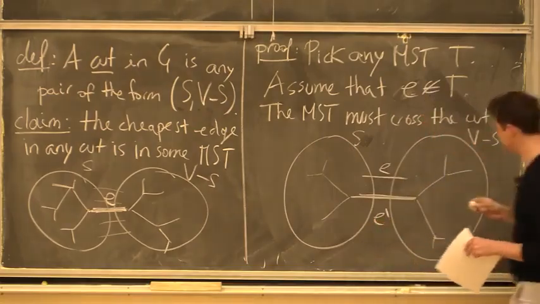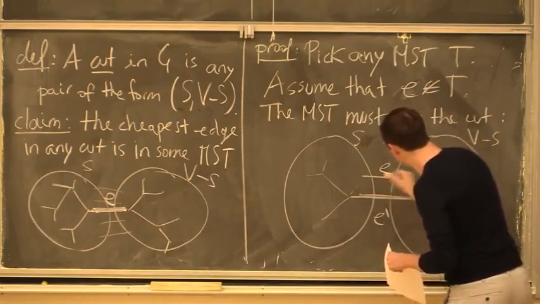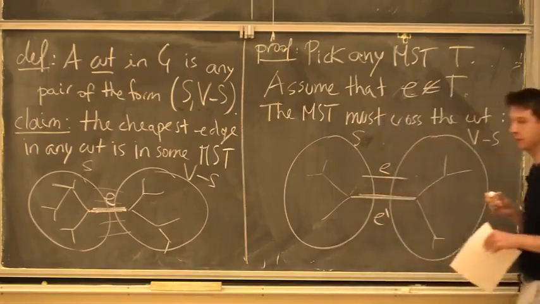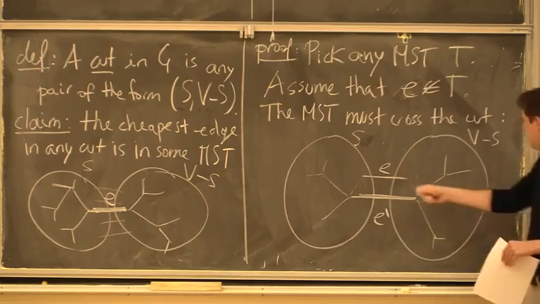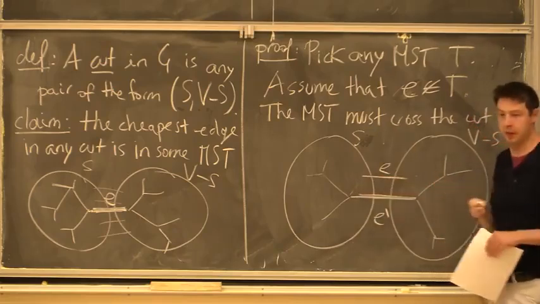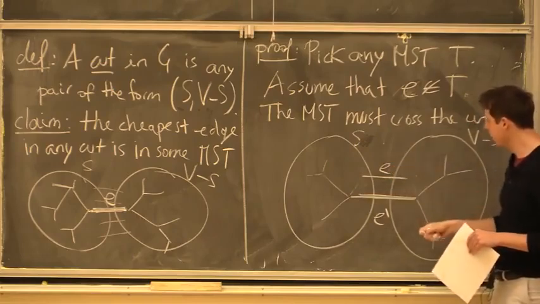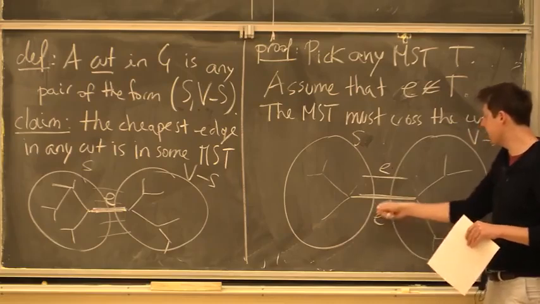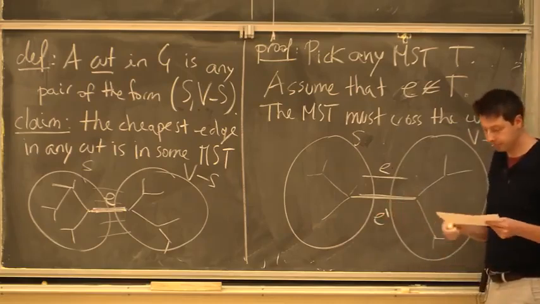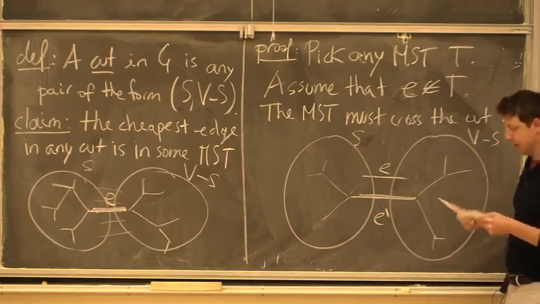By the way, the MST also reaches the endpoints of E, right? Because E lands onto vertices, and somehow the MST must also reach those places. But E at this moment is not part of the MST, but the MST crosses the cut at some edge E prime.